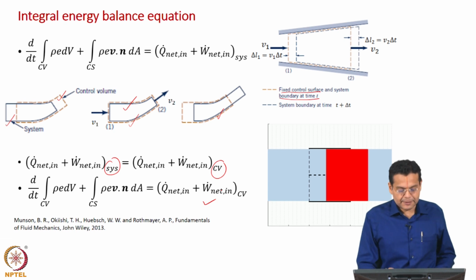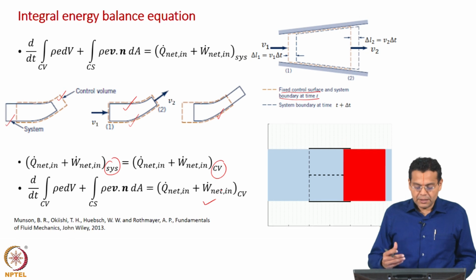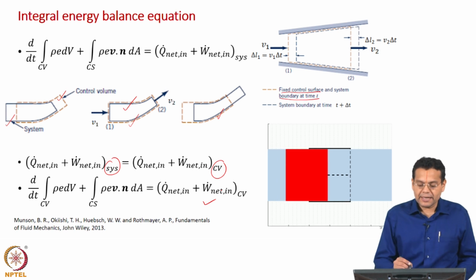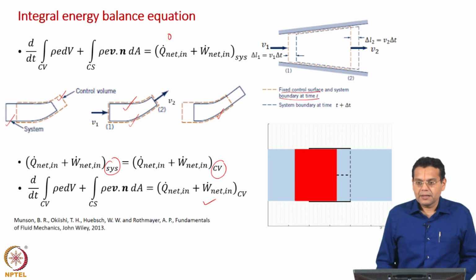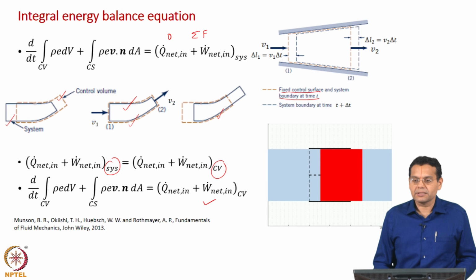So I would like to mention, we have done this system to control volume the third time. In the case of mass balance, the right hand side was just 0. In the case of linear momentum balance, it was sum of all the forces acting on the system.